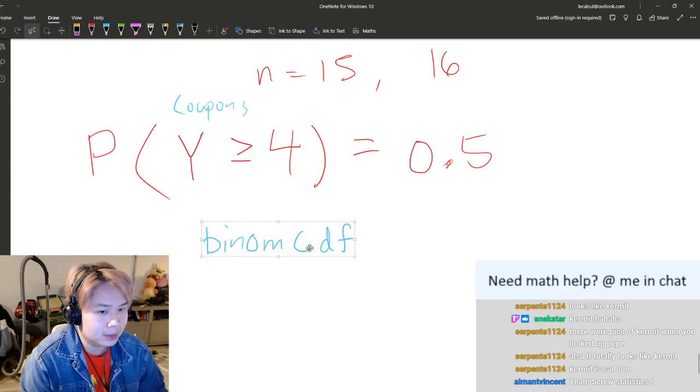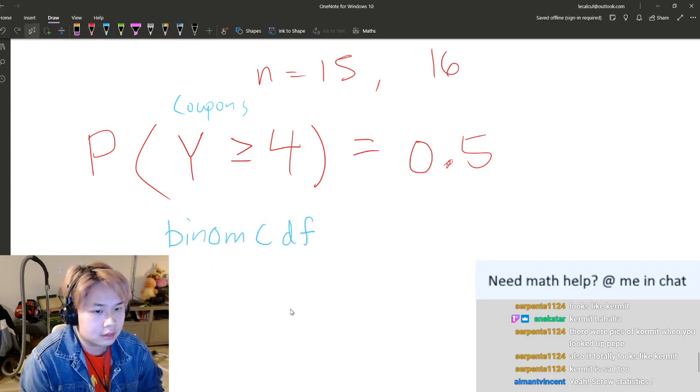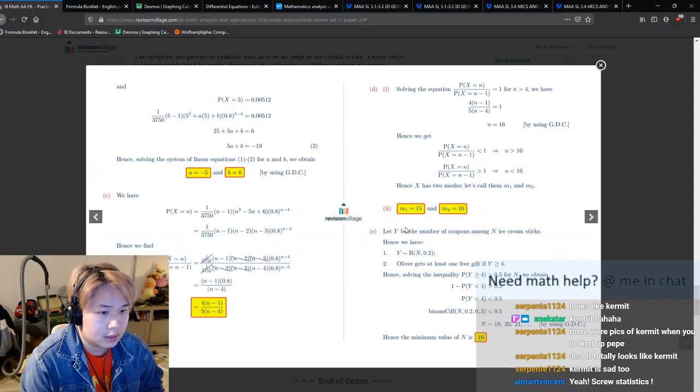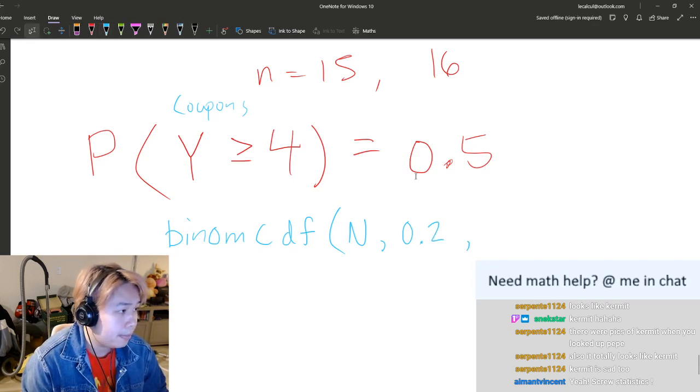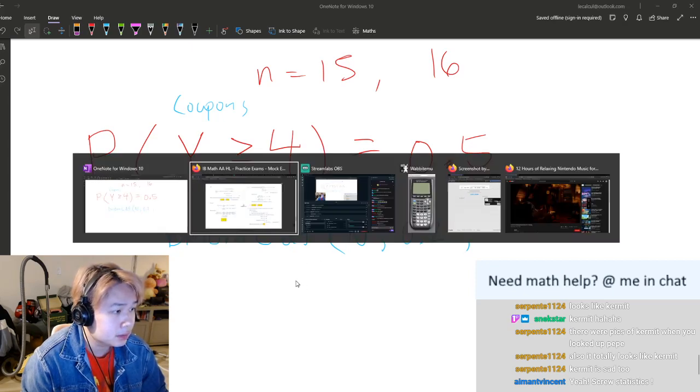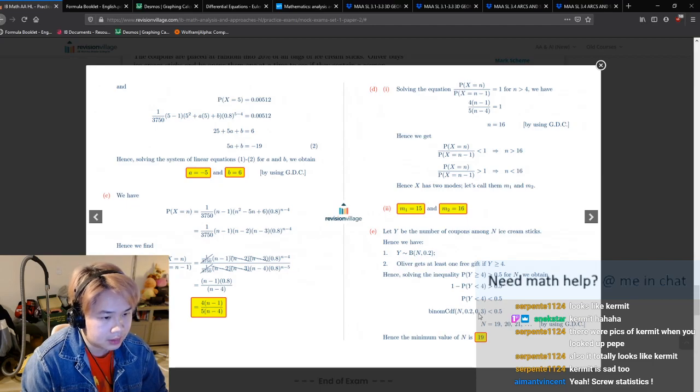So then that's a binomial CDF of n, and then the probability we want is 0.2, and the lower bound, upper bound is 0 to 3.